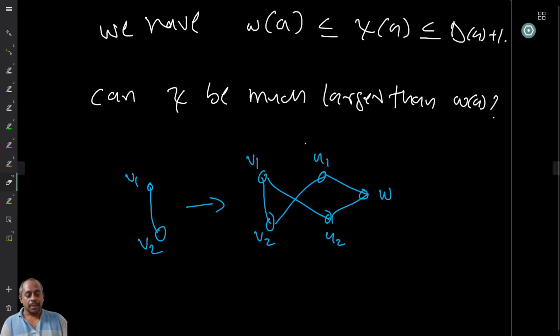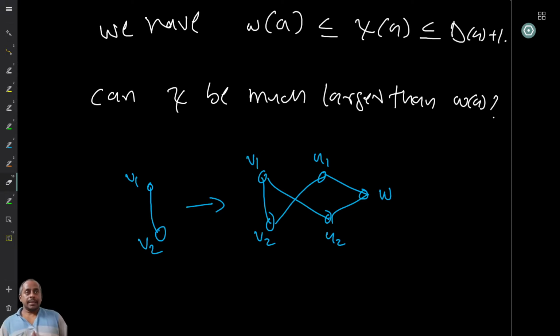So I can set the color of Ui to be equal to the color of Vi, so I get all these vertices the same color that is happening here. And now for W, I give a new color, the chromatic number plus 1. So one more color I give, and that is the new color. Because it is a new color, it will not create any problem with any of the existing colors. And therefore, I get a proper coloring with one extra color.